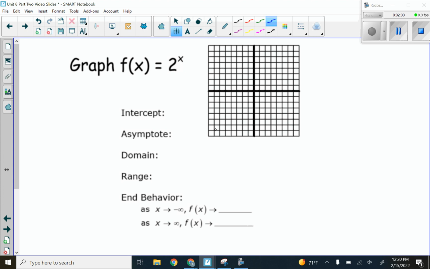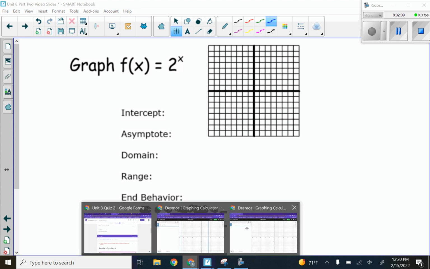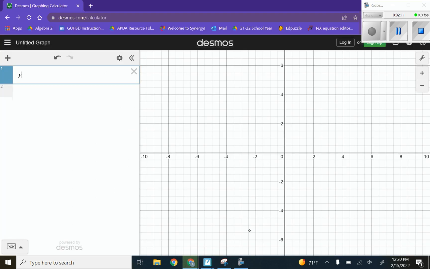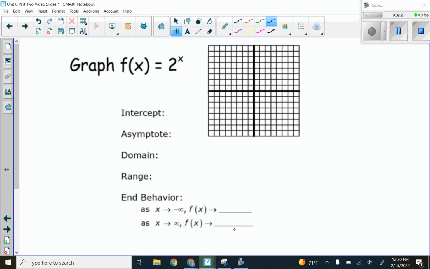So here is our first function that we want to graph. So Desmos is going to help us. We have y equals 2 to the x power. So our intercept is right here at 0, 1.